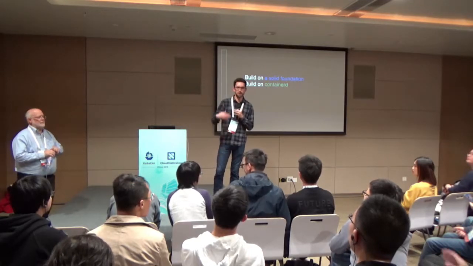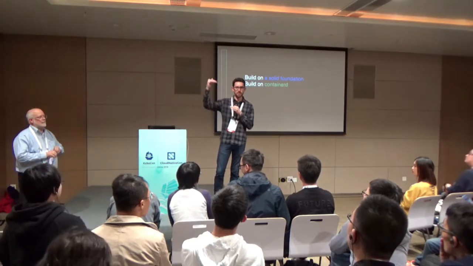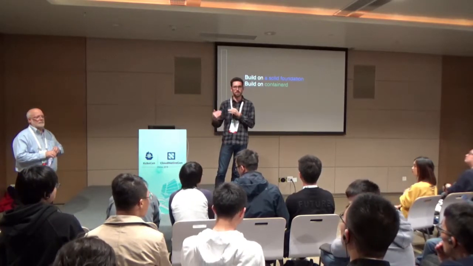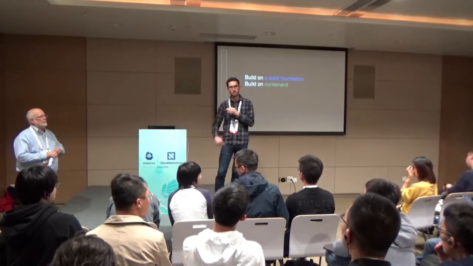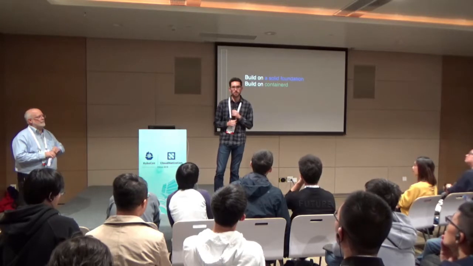For the most part, when Docker has an issue on top of Containerd, usually the bug is at the higher level. We haven't found any bugs at the Containerd level that are critical from the Docker user perspective.